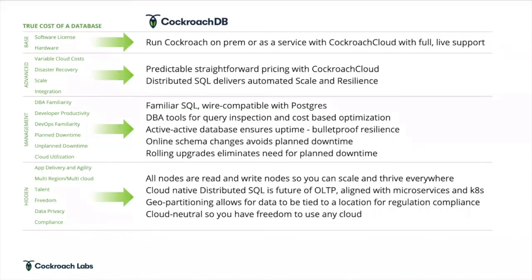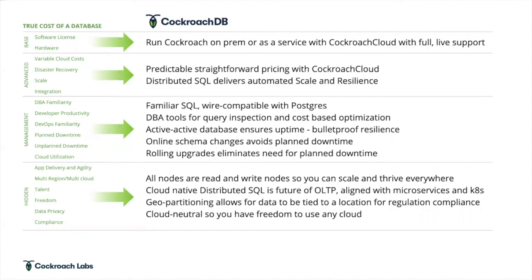We do provide online schema changes. So if you wanted to change the schema of your database, including the primary key, we can do that online in a production database if you wanted to. And I think this concept of rolling upgrades is awesome. The whole context of Cockroach is we are a cluster. So we can have, I think, 2 or 3 different versions of Cockroach running in a single cluster.